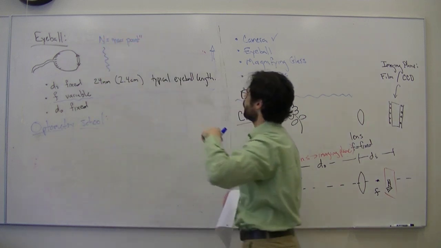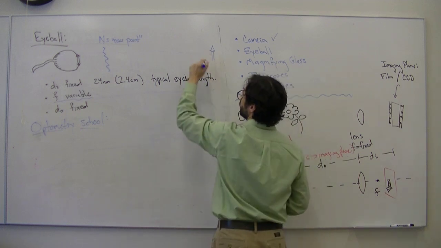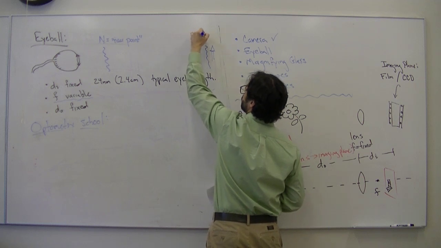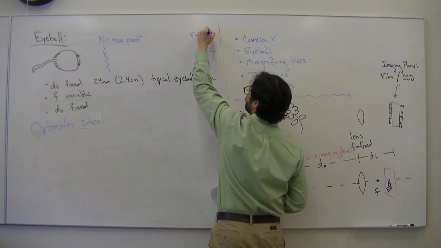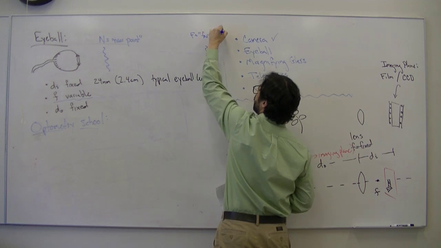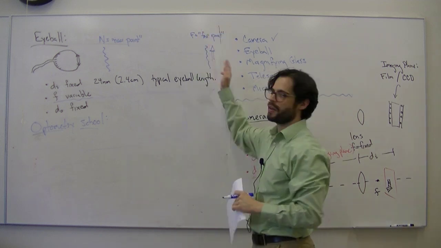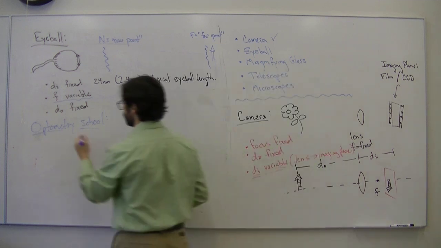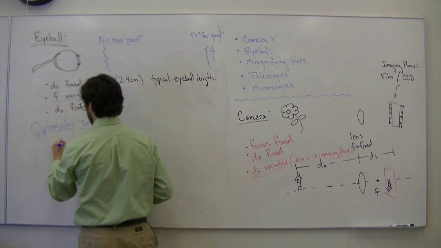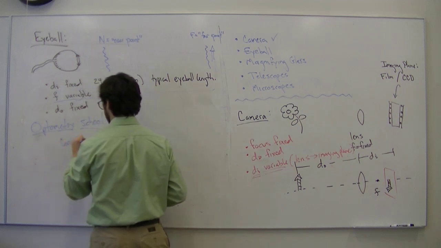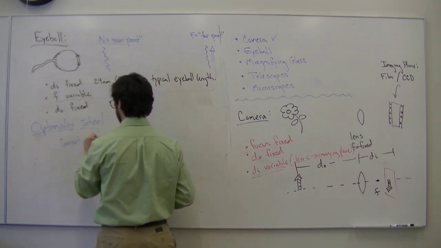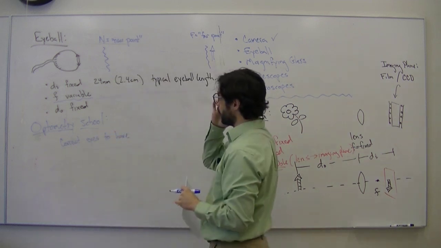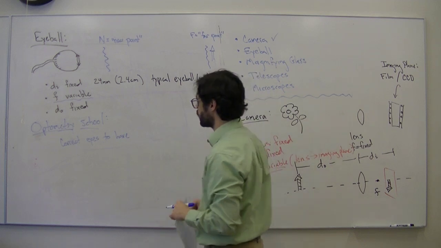So I'll show you how to find your near point in a second. And then we'll go out here and we'll have a thing called F, which you'll be astonished to learn is called the far point. And that's basically the distance of the farthest thing that you can focus on. Okay, so the whole point of optometry school is essentially to correct the eyeball so that it has a near point and a far point that's good enough.